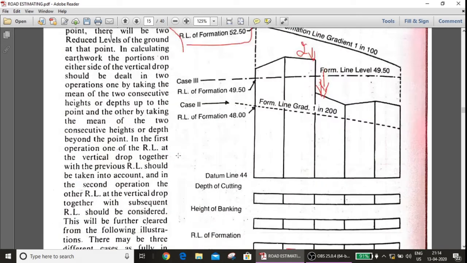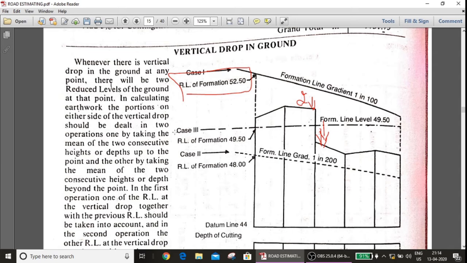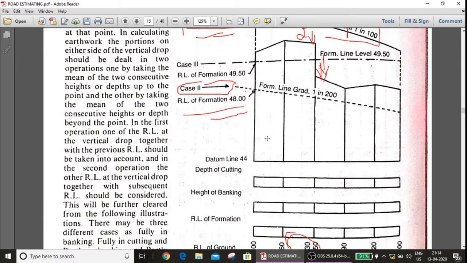Now the RL of formation. For illustration, case 1 is 50.50, which is greater than the ground level. If we take this formation line, given as 1 in 100, the road is fully in banking. And here you see case 2. For case 2 the RL given is 48.00, where the RL is below the ground level, and here we'll experience only cutting.